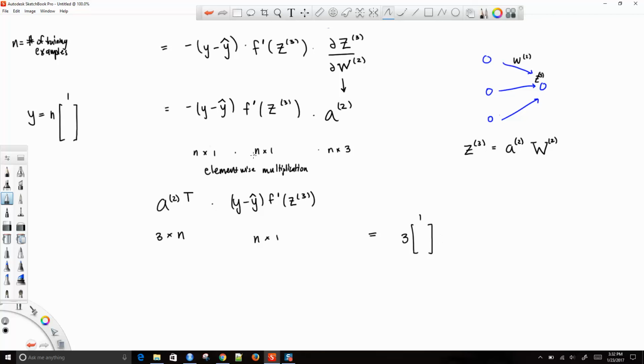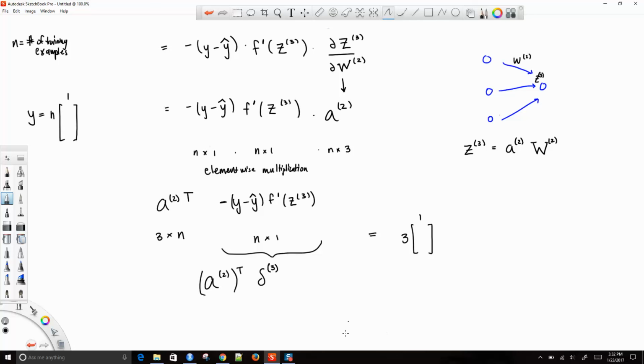Oh, I left it off. Okay, and so we can call the product of all of this stuff together delta, we'll give it delta 3, and we'll say we're multiplying it by A2 transpose.